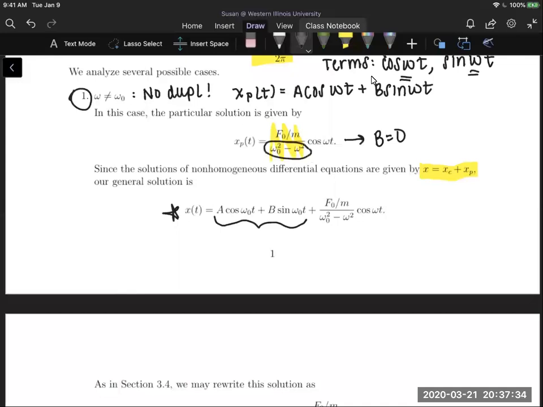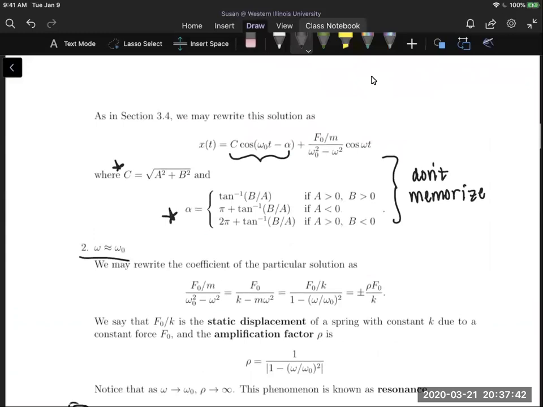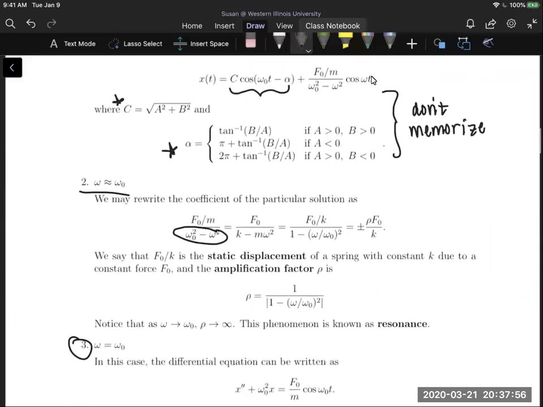What we have in the denominator here is the difference of the squares of omega naught and omega. And so coming back over here, if omega and omega naught are really close to each other, that means that this difference here is getting really small. And what happens when that difference gets really small? Well, then the overall fraction gets very large.